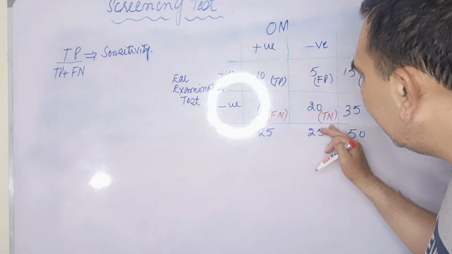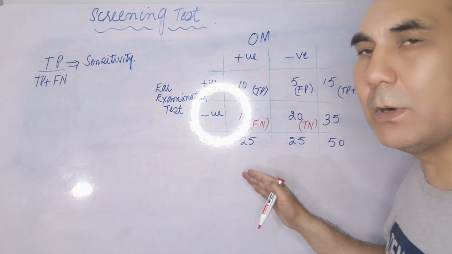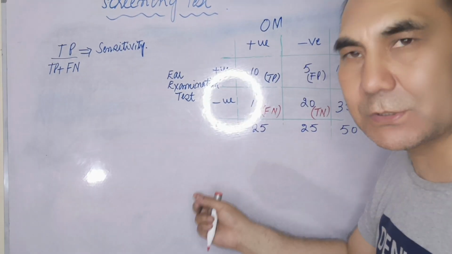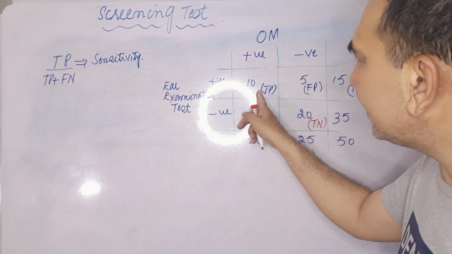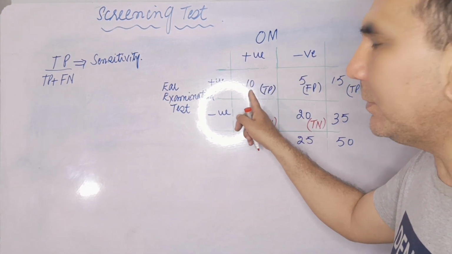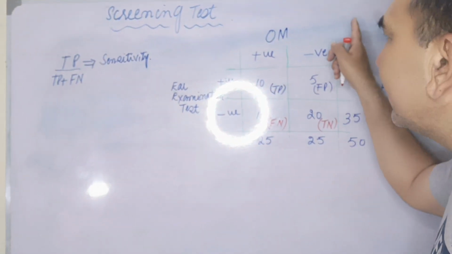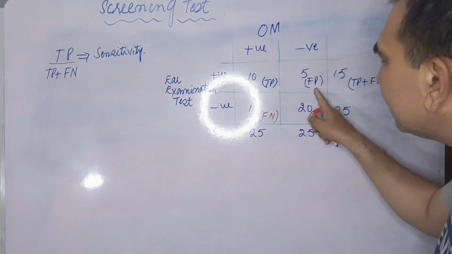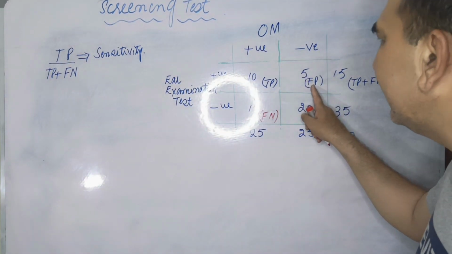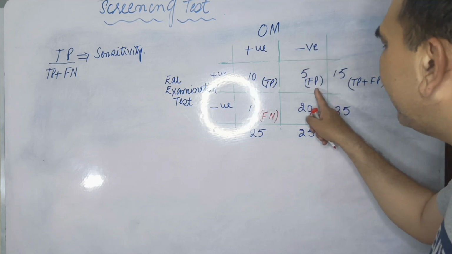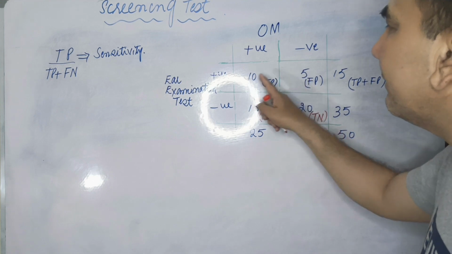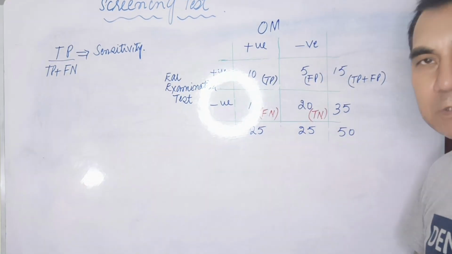It means the healthy pupil is correctly identified by the test as a healthy person. The true positive is the sick pupil correctly identified as a sick person. And the false positive means the healthy person is incorrectly identified as a sick person.